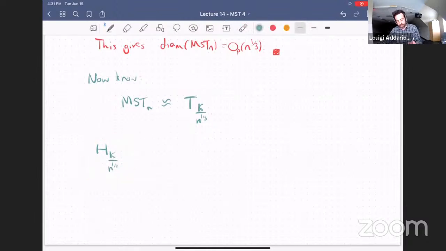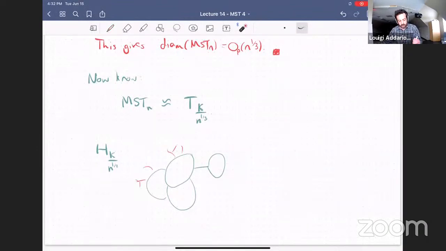They look like these kernels, these random 3 regular graphs, with random edge lengths, and then with some sort of decorations. If you start to think about the minimum spanning tree of this object, it really is the best or the only way I know to understand the structure of the minimum spanning tree in finer detail. And the way you do that is using the cycle breaking algorithm that we saw.